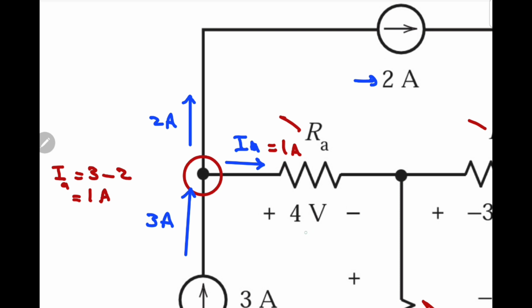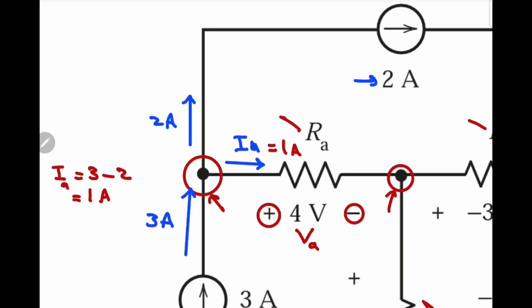And the voltage VA across the resistance has the correct signs, plus and minus. Usually when the current enters a resistor, you put a plus sign at the beginning of the resistor and a negative sign at the end, which means the current is moving from a high voltage to a lower voltage, and the voltage difference between these two nodes is 4 volt.